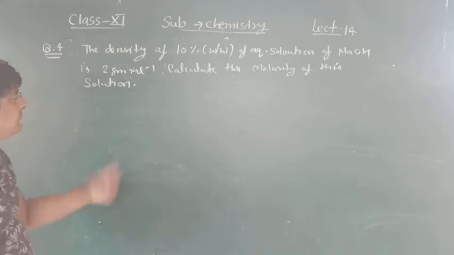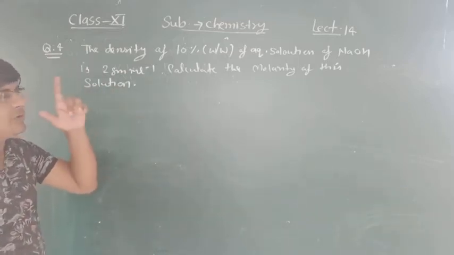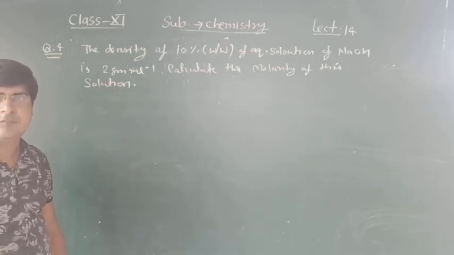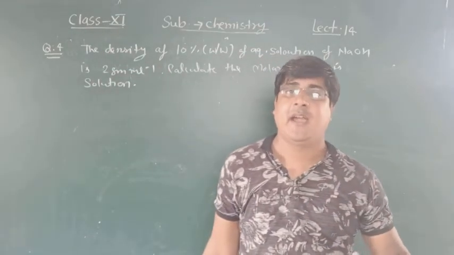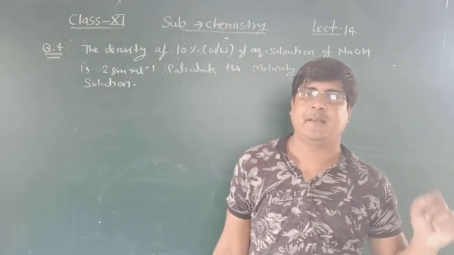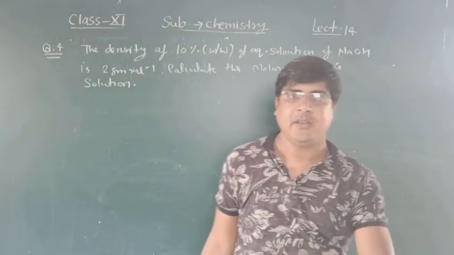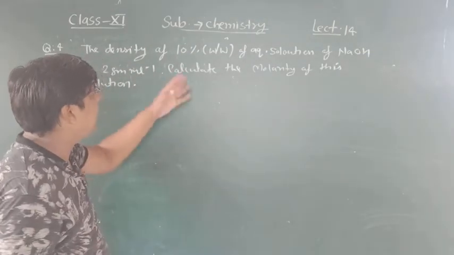Okay, so what is given here? Here the density of solution is given and the density is 2 gram per ml. The volume of solution is not given, and to find out the molarity it is compulsory that you know the volume of a solution, but density is given. And the mass percentage is given.